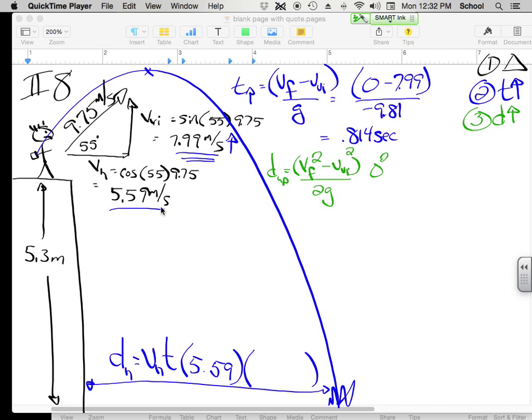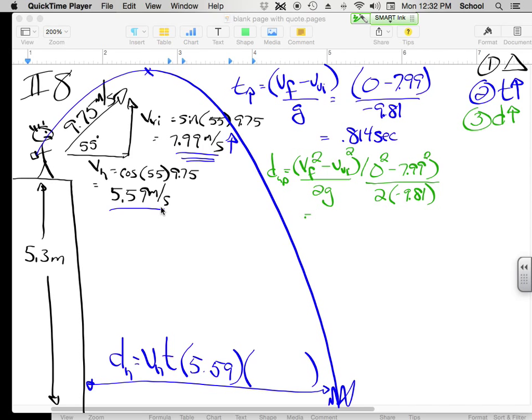So I'm going to have 0 squared minus 7.99 squared. Notice how it looks the same as the numbers we had right there. We just added 2's to this situation.